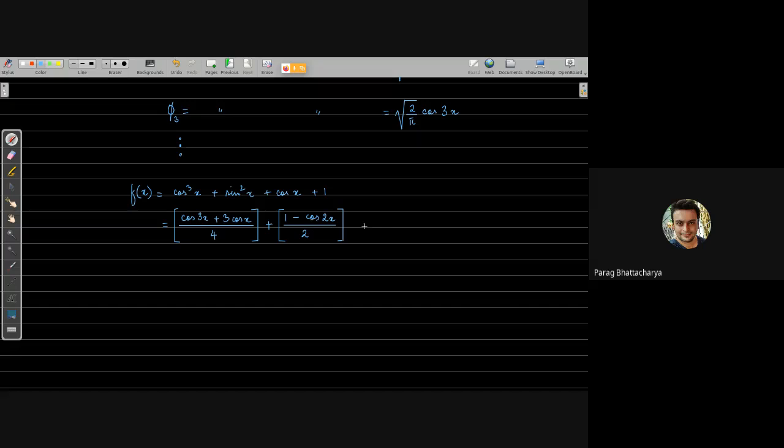Then cos x we'll leave as it is, and 1. Now can you see the reason why we are writing it like this?